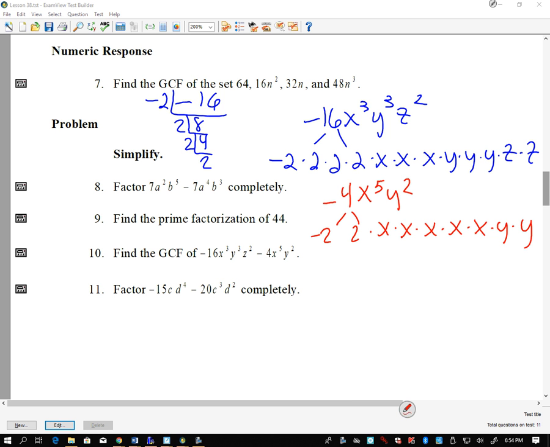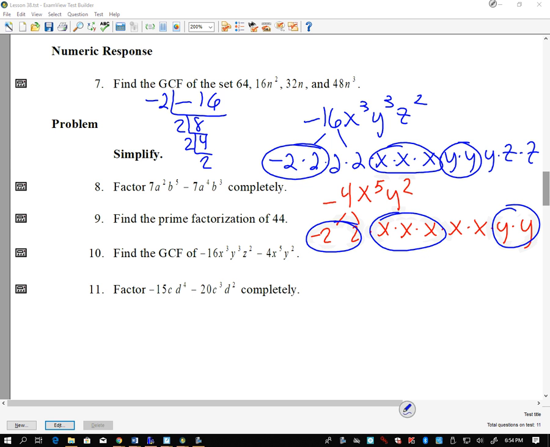They do this a little differently, but here we've got negative 2 and 2. So we can take both of those. We can take out 3 x's, and 3 x's. We can take out 2 y's because this only has 2 y's.